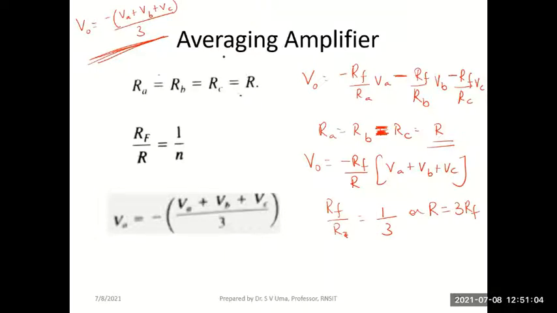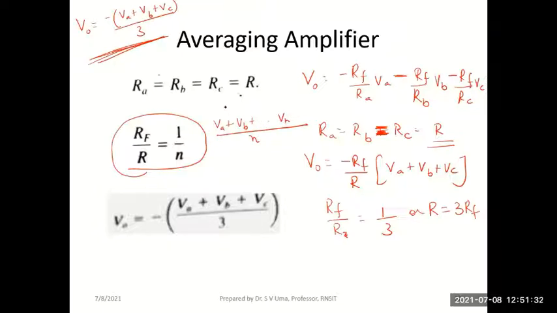If you use this condition with 3 inputs, this will be the condition. If I have n inputs, VA, VB, VC, VD, VE, up to VN, then this resistance ratio should be chosen as 1 by n whenever you want to convert it to an averaging circuit. Remember, the average of n signals will be VA plus VB plus so on, n input values, divided by n. Yes or no?